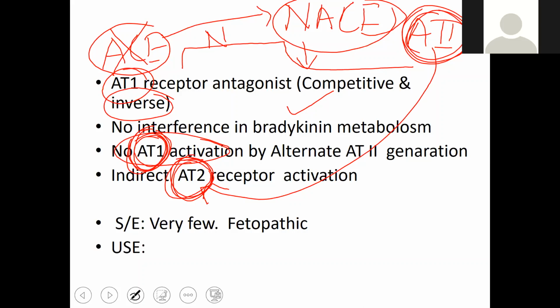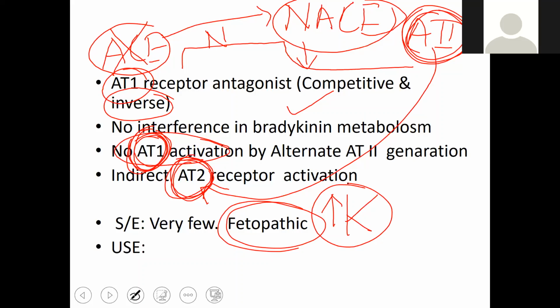Okay. And I had already told the side effects are very few and usually the drugs are very much acceptable. But they are teratogenic, because the proto-oncogene and growth factor synthesis is affected by the receptor blockers also. So they are contraindicated in this condition. Also in hyperkalemia. Okay. In case of hyperkalemia also, these drugs are contraindicated. Okay.